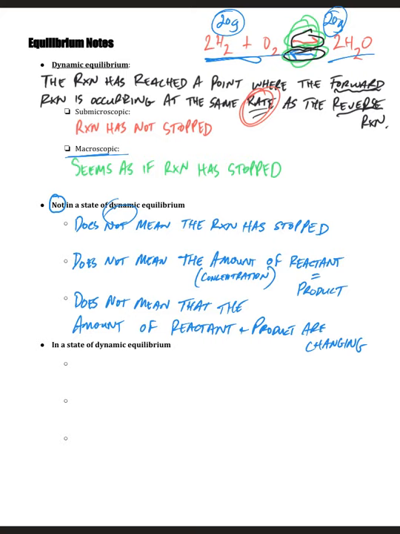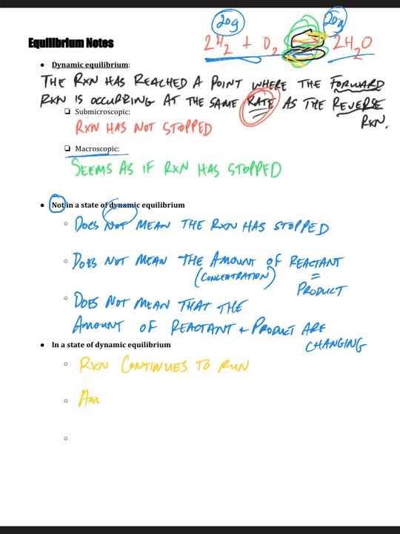So what are the three main characteristics of something or a reaction that is in dynamic equilibrium? So number one, the reaction continues to run. So reactants continue to make products and products continue to make reactants. The reaction continues.